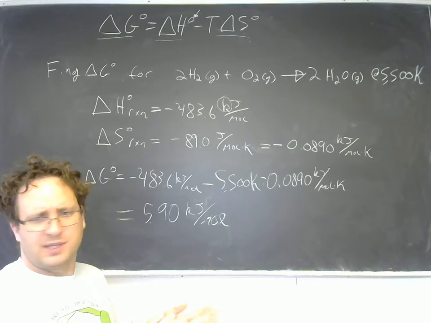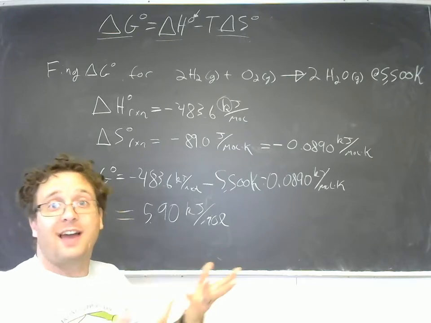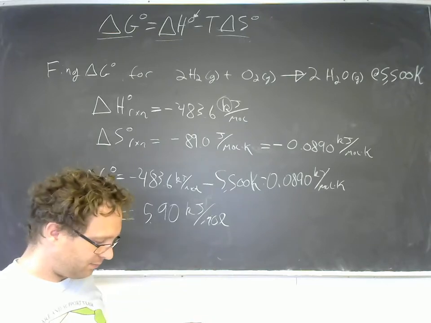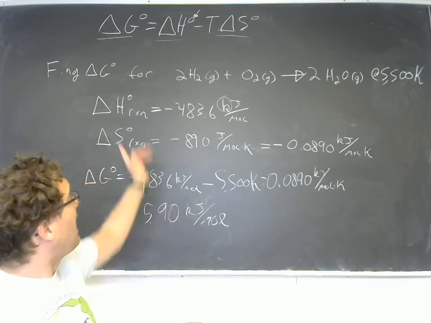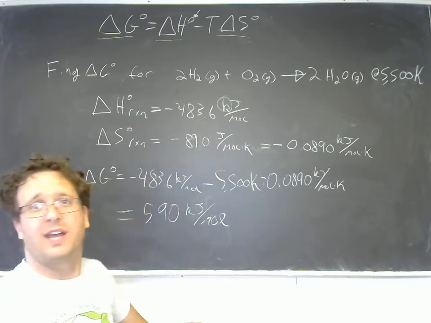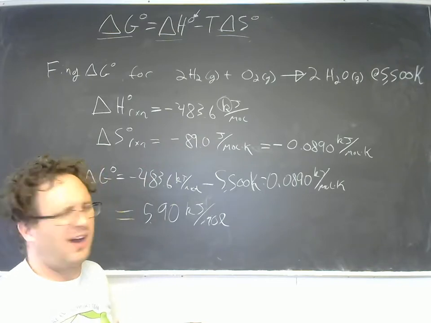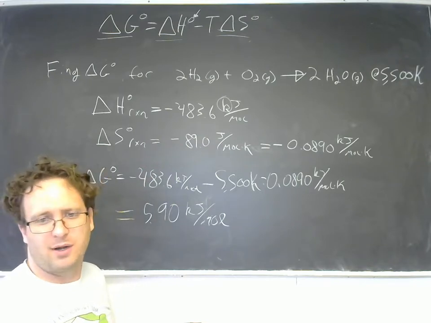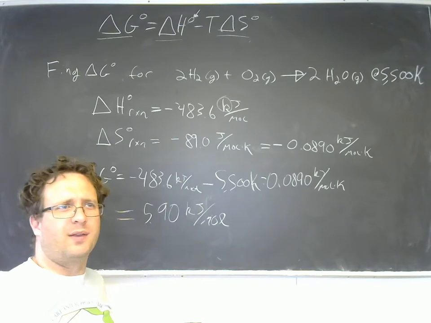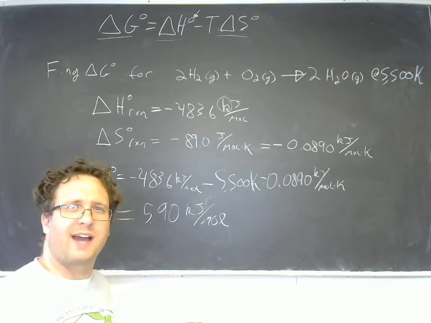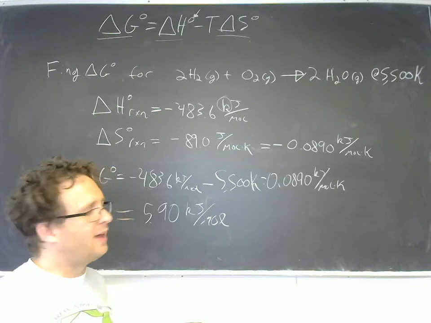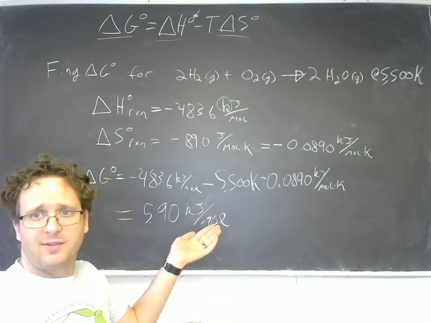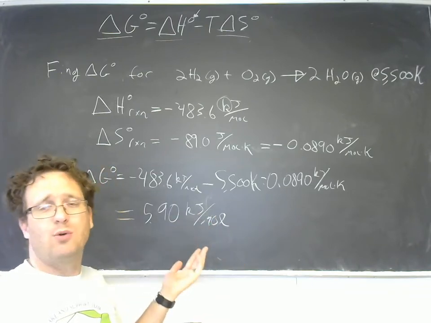And what this means is that at that elevated temperature, the reaction here is not spontaneous anymore. You might think that a higher temperature, of course, the hydrogen's going to burn, but that's just because you're thinking in terms of activation energy, not in terms of thermodynamics. And in fact, if you get the temperature high enough, hydrogen gas will no longer burn.